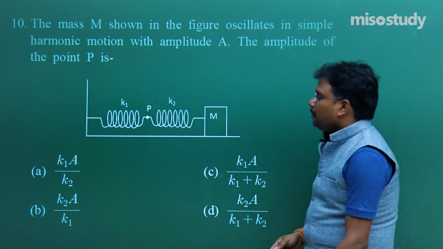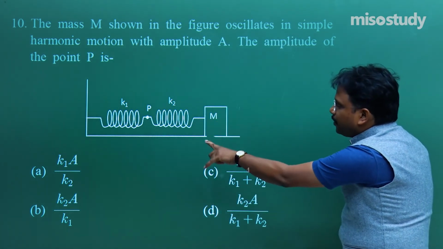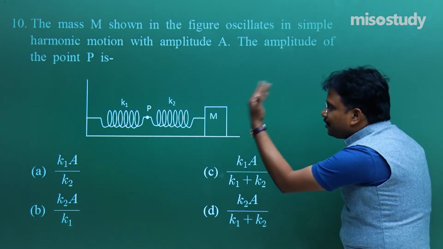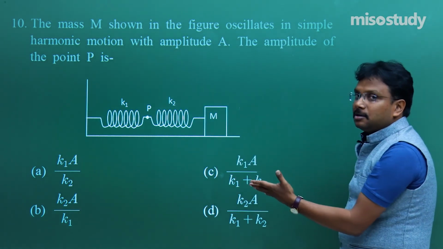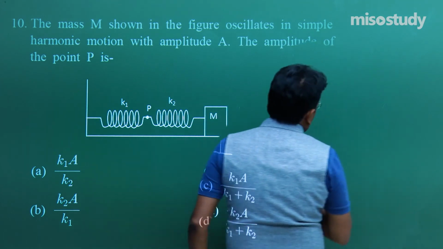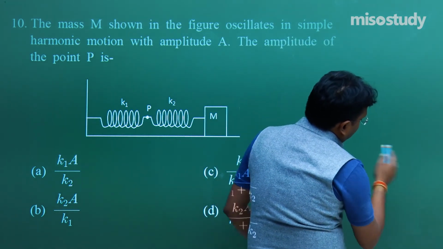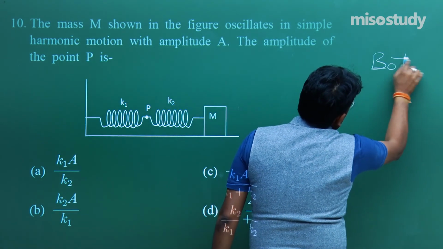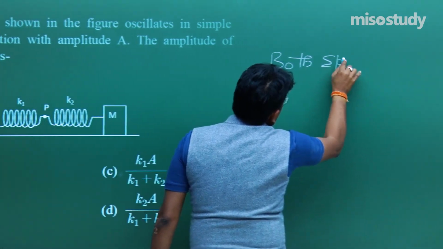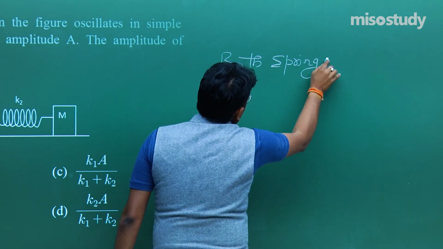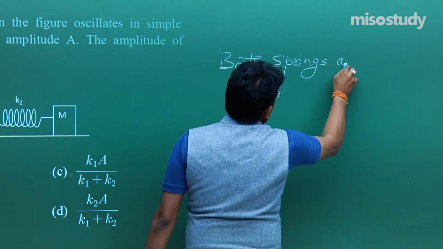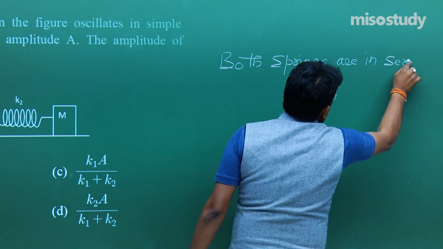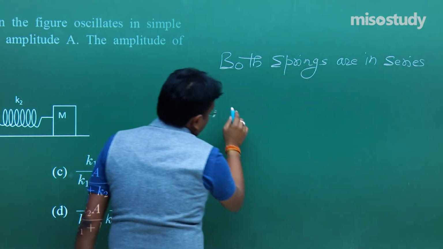So if I am saying both these springs are connected in series, so a resultant spring constant. Now we are trying to find out the resultant spring constant. Both springs are in series, fine.